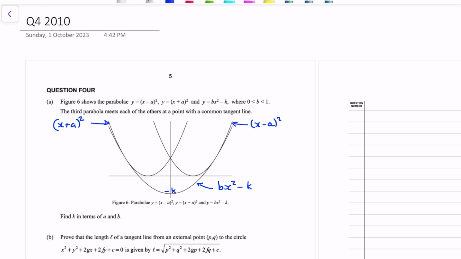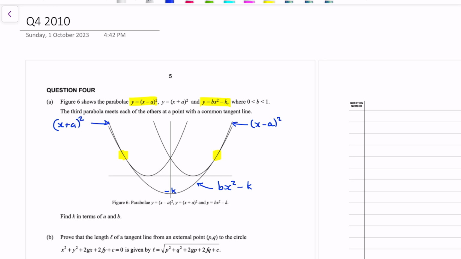Alrighty, find k in terms of a and b. The only information we know is that these parabolas meet with a common tangent line. So if we solve the parabola bx squared minus k simultaneously with one of the other ones, let's just pick this one, no reason why, then the discriminant must equal 0.